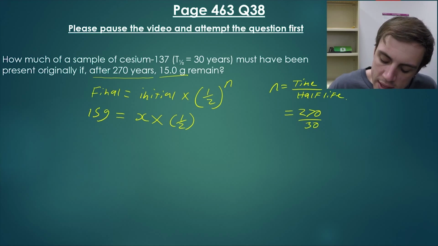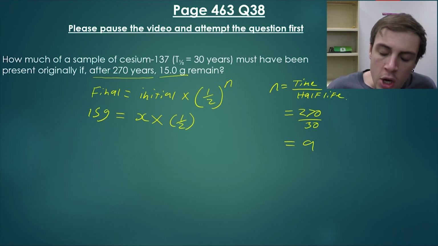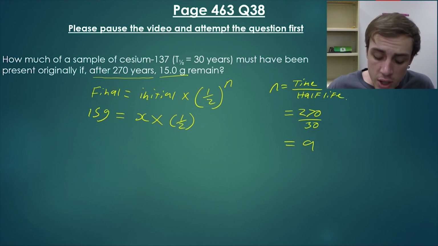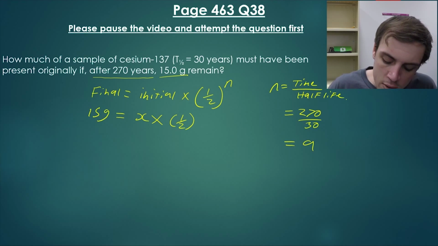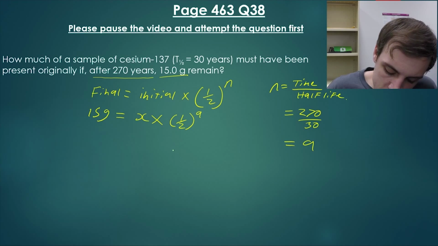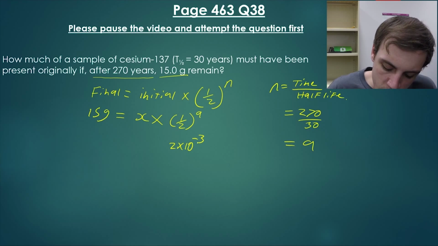So I'm just going to simplify that over here. I've got 270 divided by 30, and that's going to give us 9. So it means that 9 half-lives have occurred between our final and our initial amount. So we go 1/2 to the power of 9, and that's going to give us 2 times 10 to the power of -3.